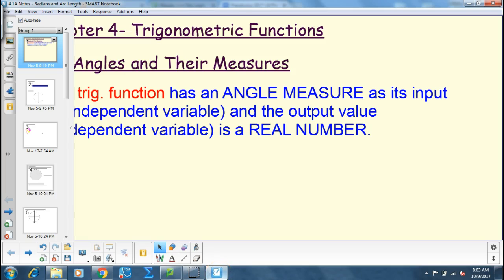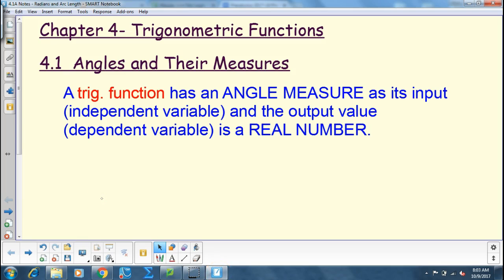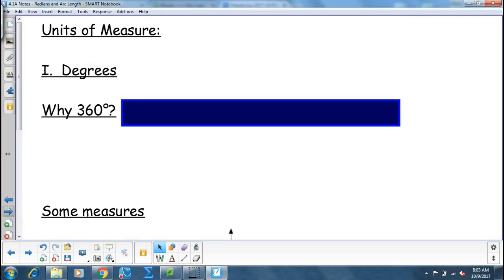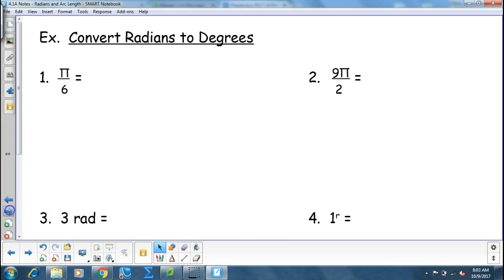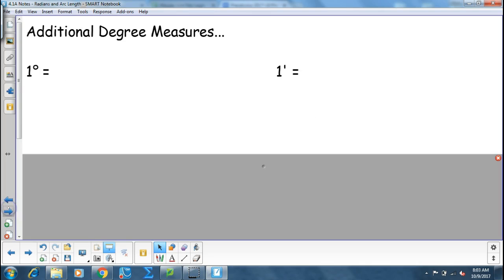Okay? So, with that being said, let's dive into where we need to pick up on radian measures and converting, and more importantly, I want to talk about some additional degree measures. Now, you guys know that there's 360 degrees in a circle, okay?